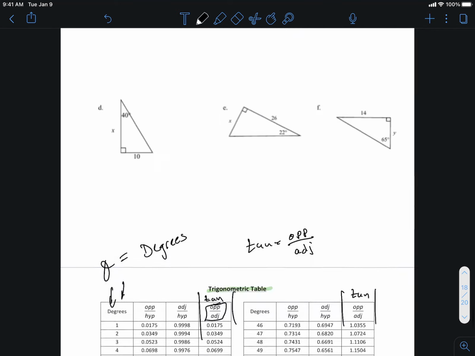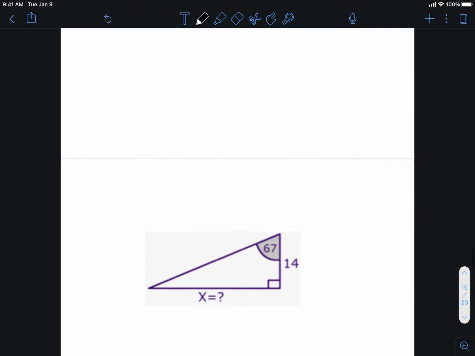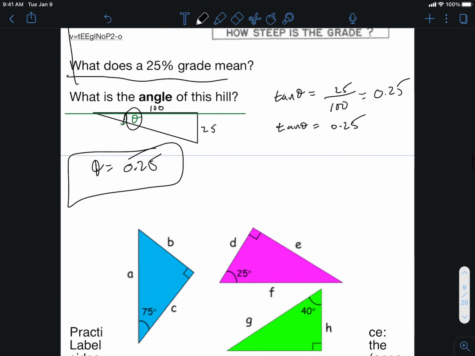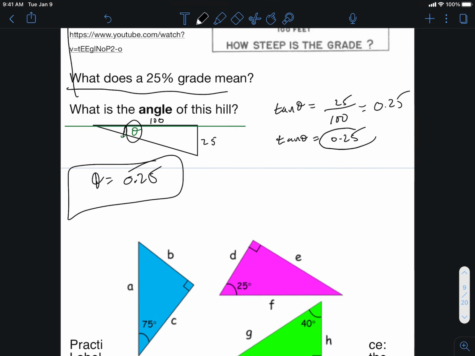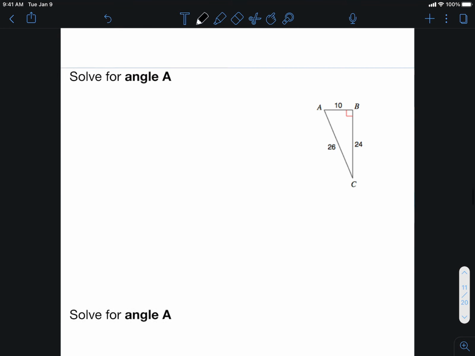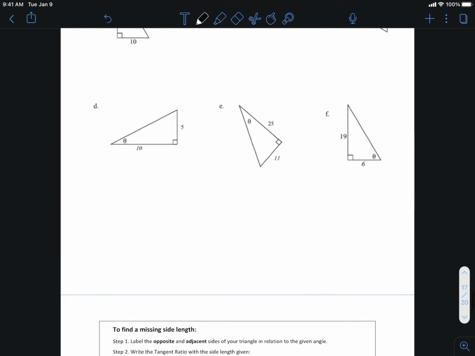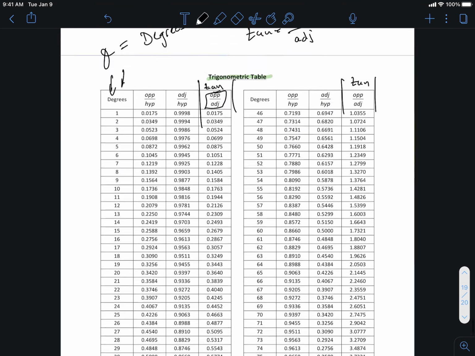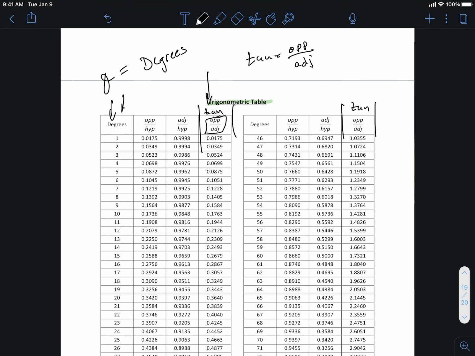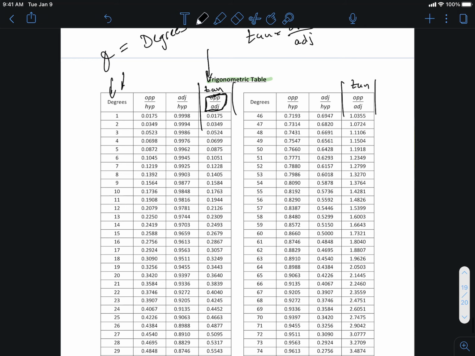Well, if we go back up, we saw what the ratio was supposed to be. What opposite over adjacent was equal to. Opposite over adjacent was equal to 0.25. All right, well, if we go find 0.25 in my opposite over adjacent column, it looks like it's right here.